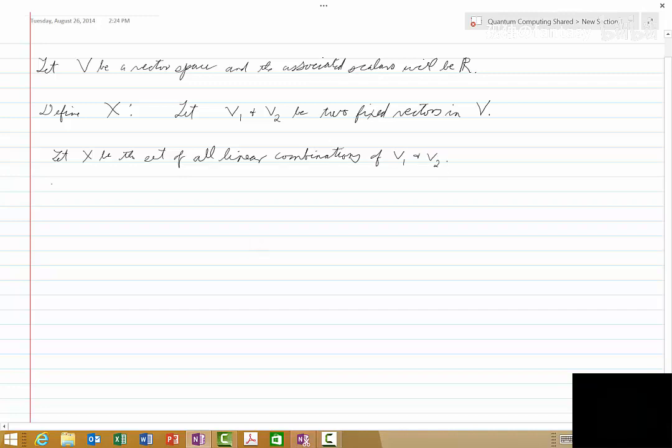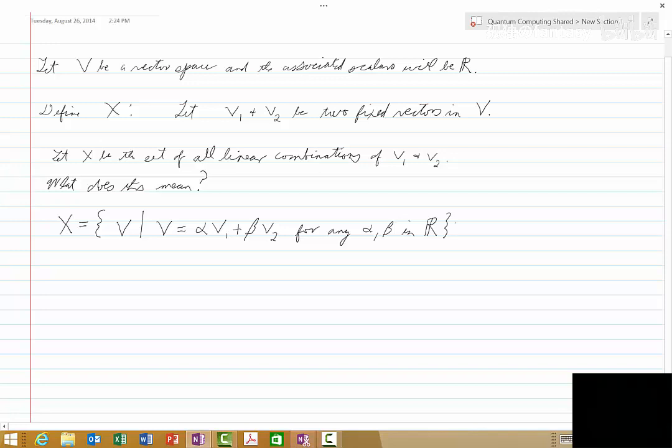Now, what does that mean? What that means is that X is the set of all vectors V such that V is equal to alpha V1 plus beta V2 for any alpha and beta in the associated set of scalars, which in this case is R. So the way you should think about this is, V1 and V2 are fixed, but alpha and beta can vary.